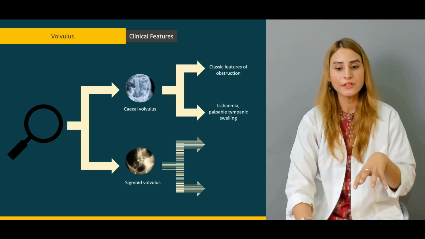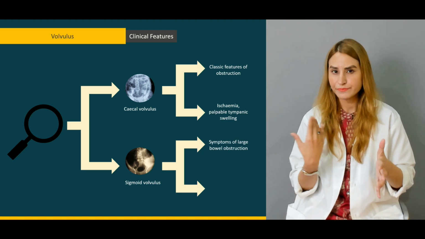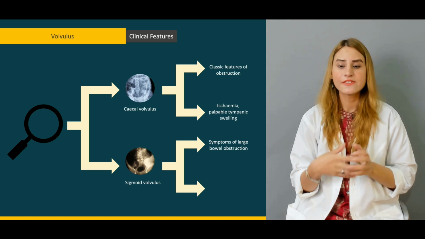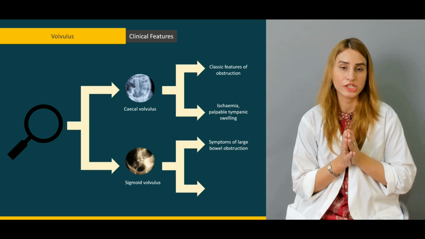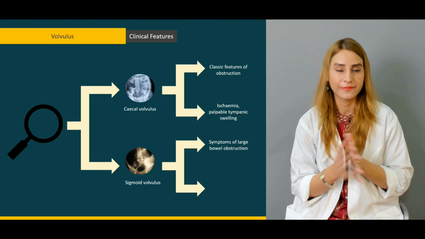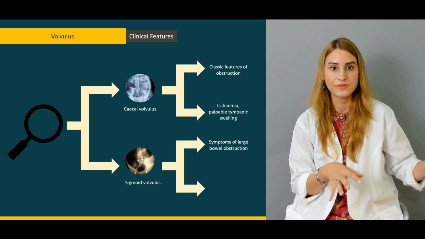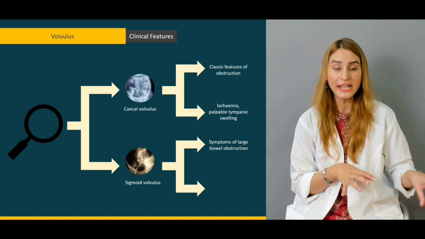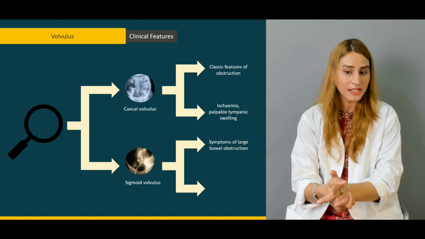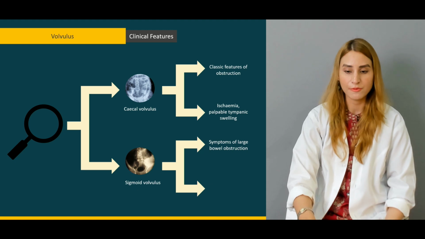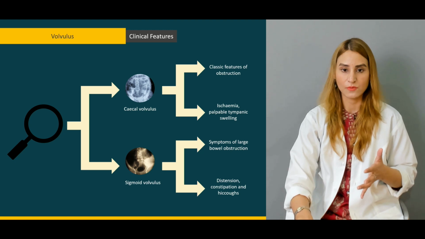And in case of the sigmoid volvulus, because sigmoid is a part of the large intestine, I talked about the large and the small intestinal obstructions in my previous slides, that whenever there is a small bowel obstruction, vomiting is more pronounced and abdominal distension is more pronounced, right? And in case of large bowel obstruction, constipation is more pronounced. So in case of the sigmoid volvulus, symptoms of the large bowel obstruction would be present, and there will be distension, constipation, and hiccups as well.